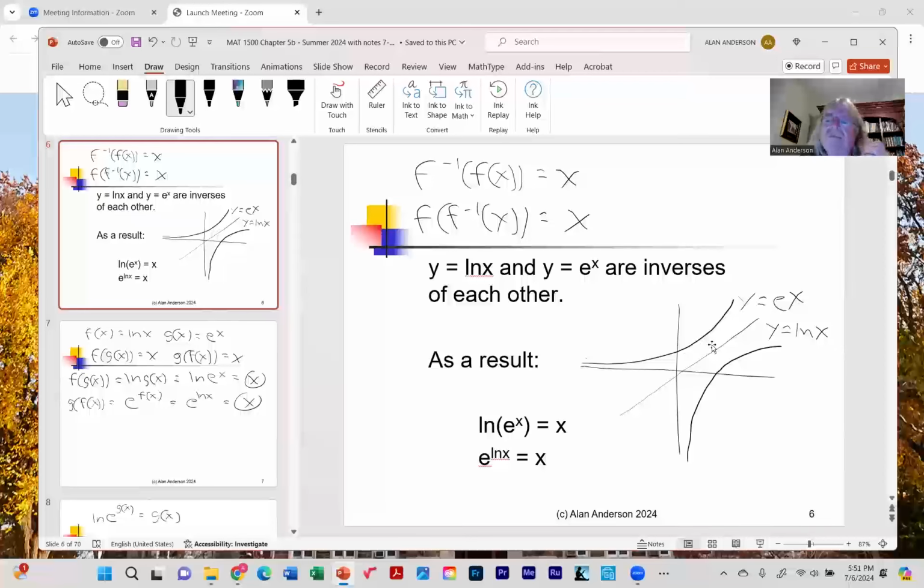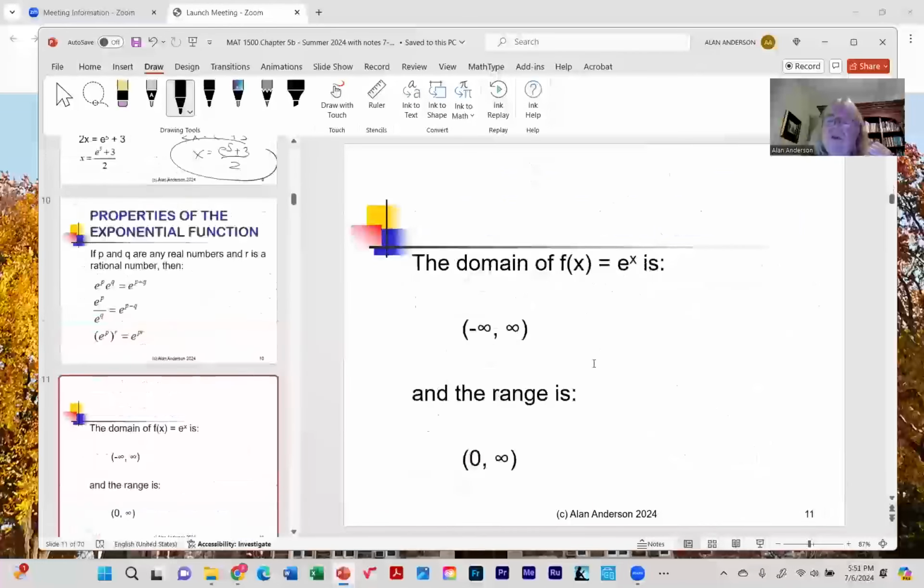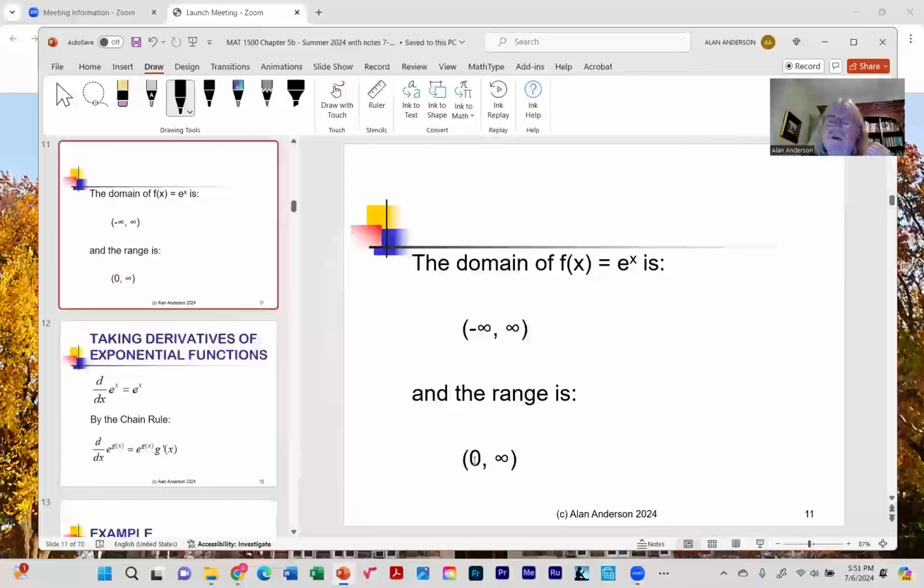Okay, so 0 represents our asymptote, and therefore the range is everything from 0 up to infinity, not including the 0. Right. And if you go back and look at the first part, you'll see this is the same for log x.